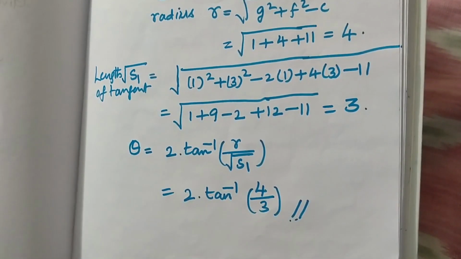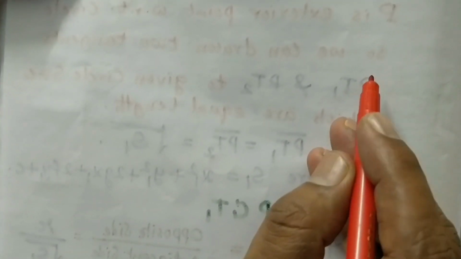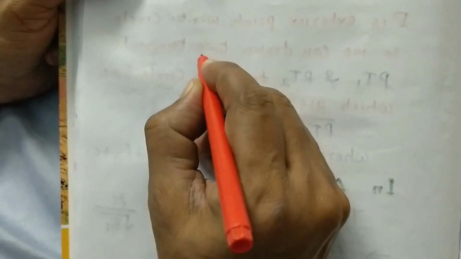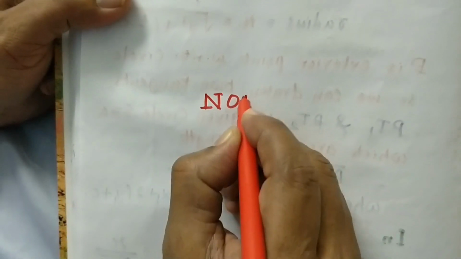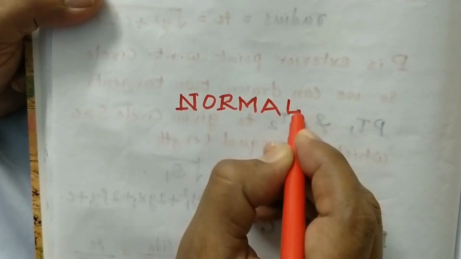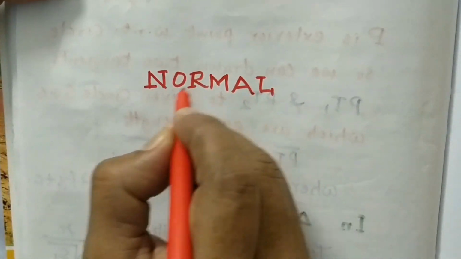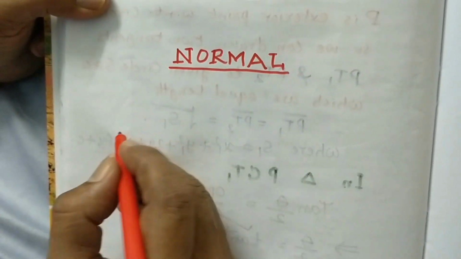After discussing the tangent and the angle between the tangents, I want to introduce another concept, that is normal. What is the normal line, and what is the equation of normal to the circle at the point of contact? Look here, children.